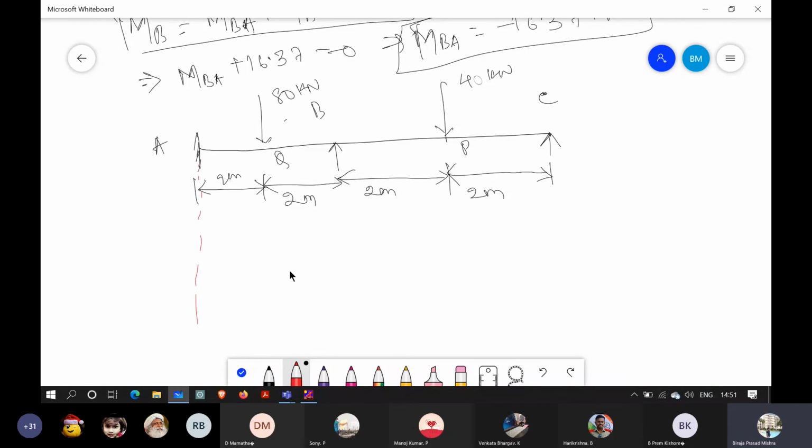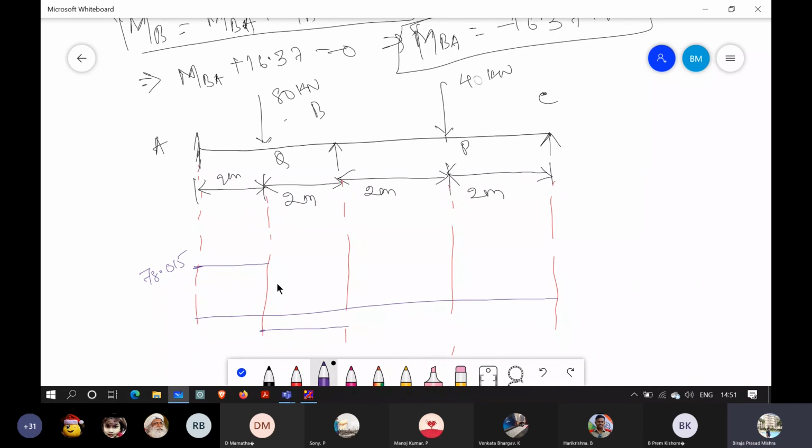In order to plot the shear force, the first value here is 78.015. It will go straight, then it will come down to 1.985.